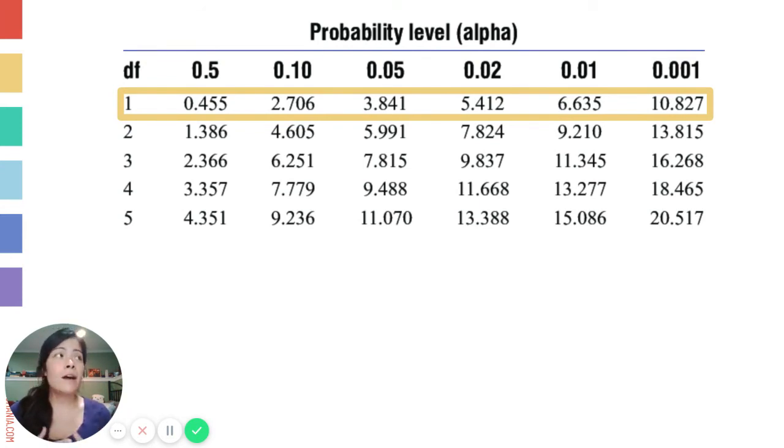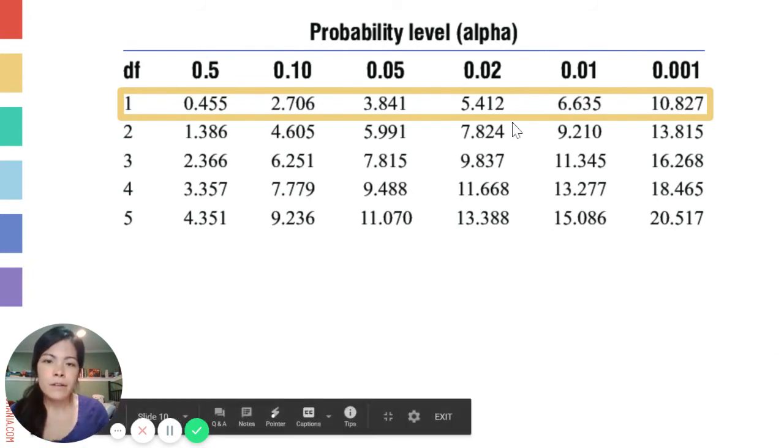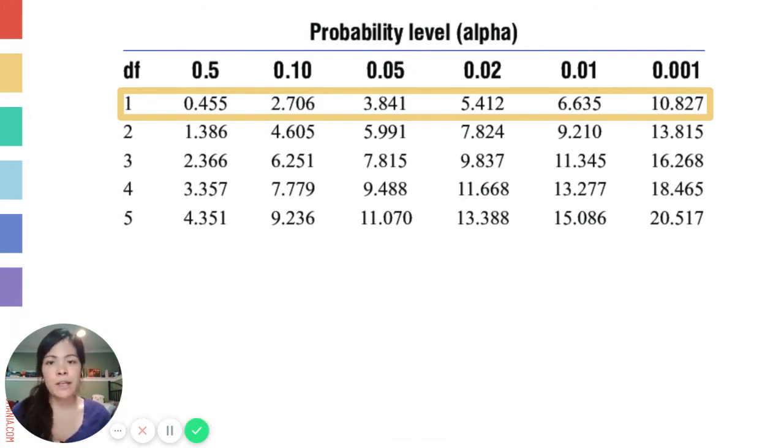But for us, what this p-value is going to say is: if the null hypothesis is true, how likely is it that we actually get the data that we got, our actual data that we collected? So is there a 5% chance that if the null hypothesis was true, we would get our actual data set?